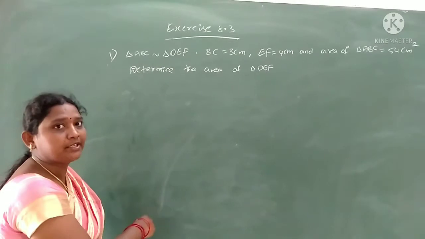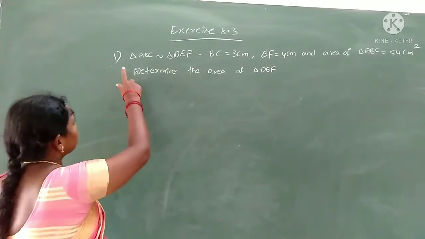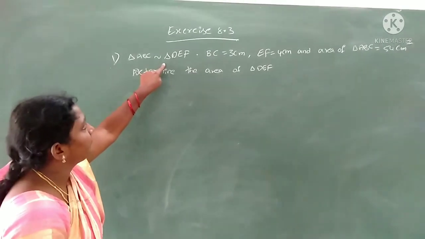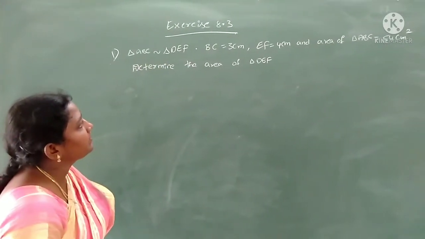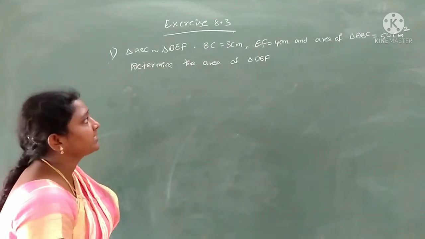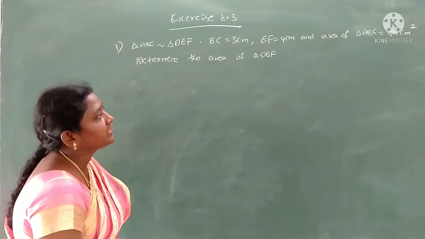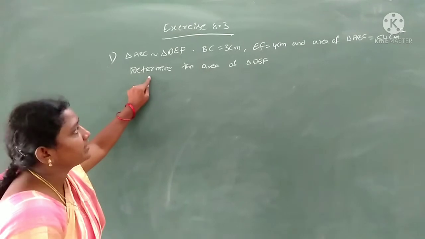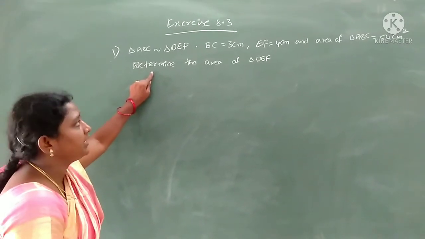Once again, exercise 8.3. First problem: triangle ABC is similar to triangle DEF. BC equal to 3 cm, EF equal to 4 cm, and area of triangle ABC equal to 54 cm square. Determine the area of triangle DEF.